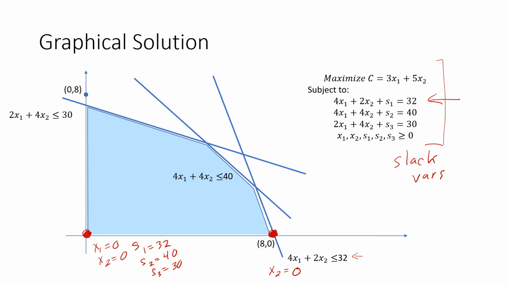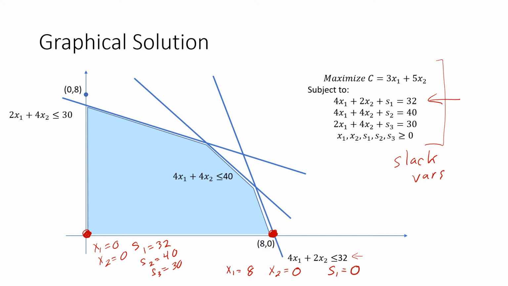This point is going to give you S1 equals 0. We had x1 equals 8. And you can see this again: take x1 equals 8, x2 equals 0, plug it into your constraint equalities, and you're going to see that S1 is equal to 0. S2 and S3 are going to be other values.